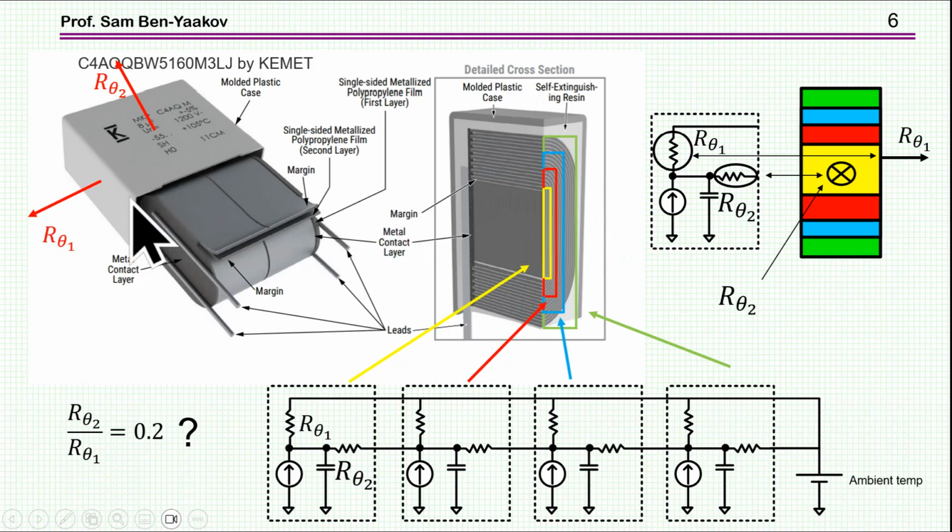It goes this way, or you might say this way. Now, in a body like that, you probably would like to have a more sophisticated model, like a ladder type, in which you take into account that there are compartments here.